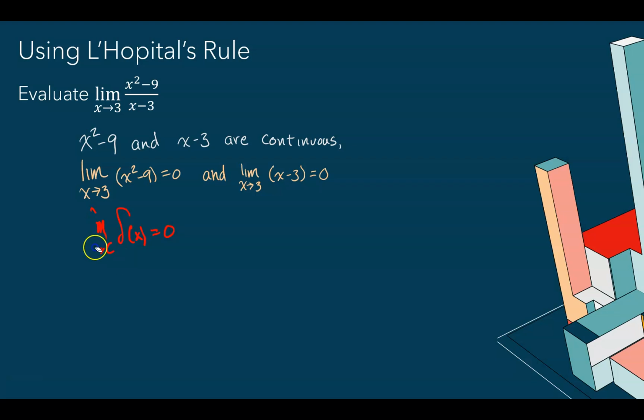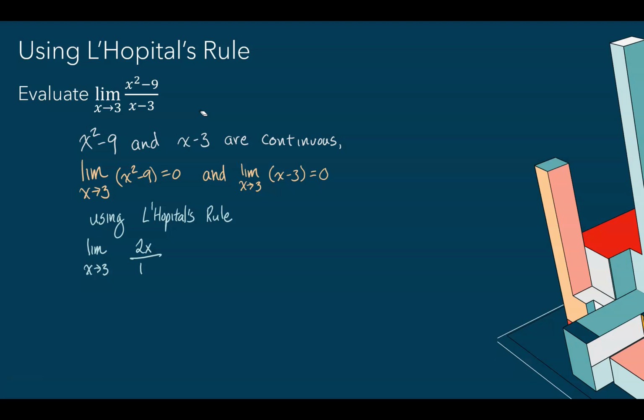Notice instead of writing 0 over 0, never do that, especially not equal to 0 over 0, we're just writing out those individual limits. Why do we need to write down continuity? How did we get these limits? We got them by substituting, so we're actually using that definition of continuity. So we write those out separately, and then we write using L'Hopital's rule.